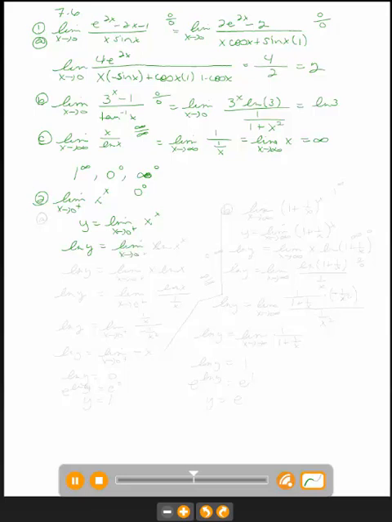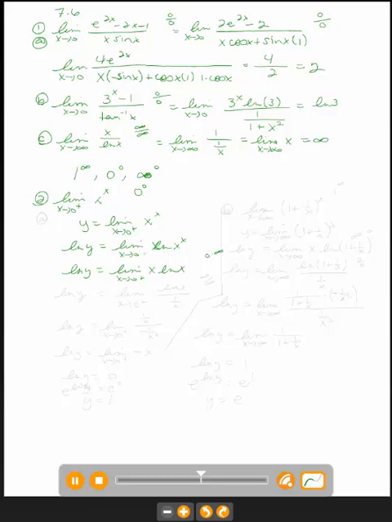And that gives me natural log of x to the x, which then turns into x, the natural log of x. Now it has the form, if I stick 0 in, of 0 times infinity.